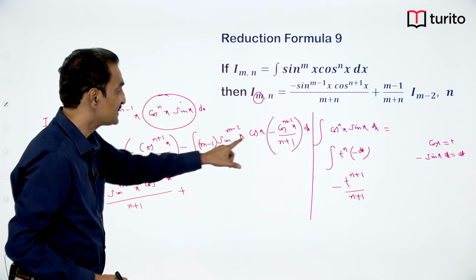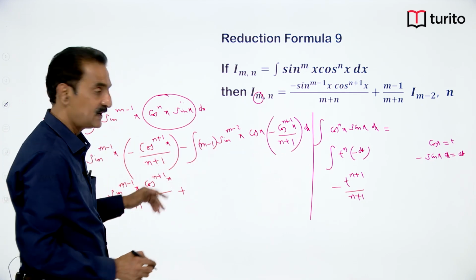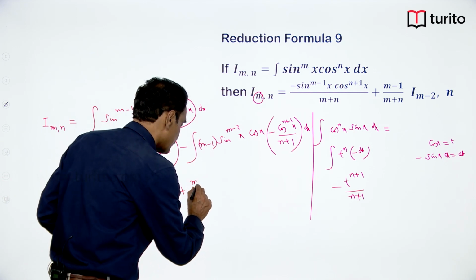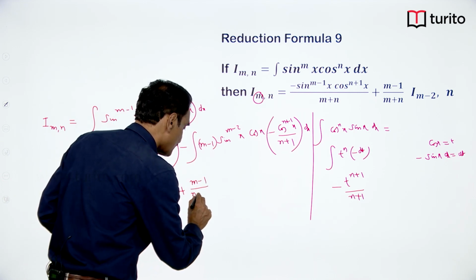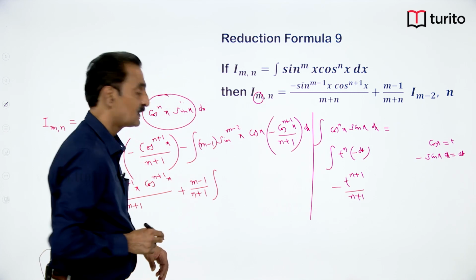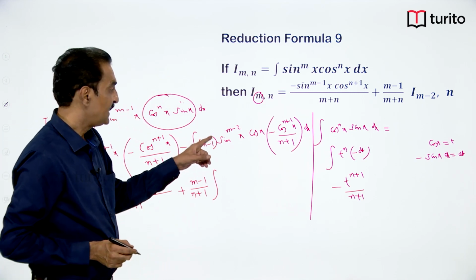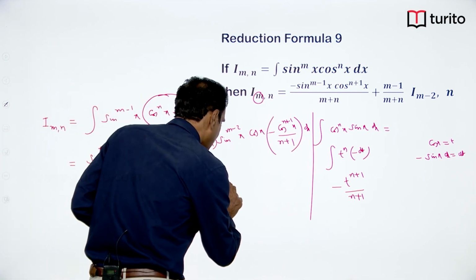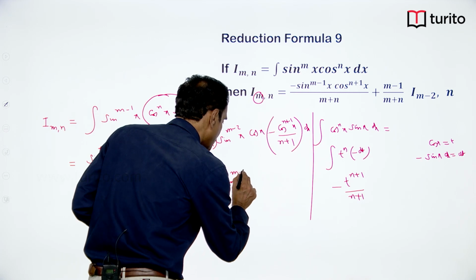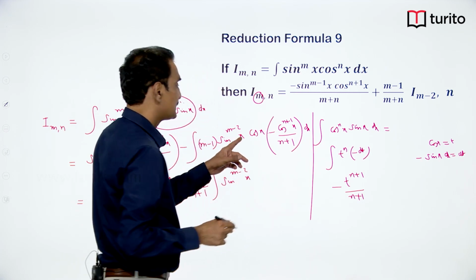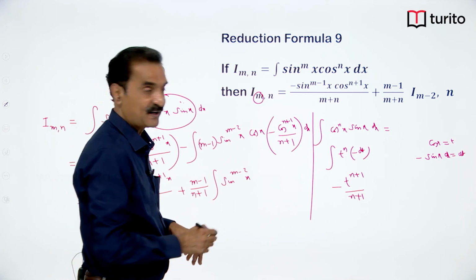Write m minus 1 by n plus 1 outside the integral. What is the remaining? Sine power m minus 2 x into cos power n plus 2 x.